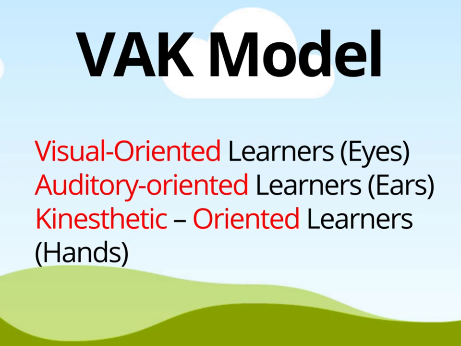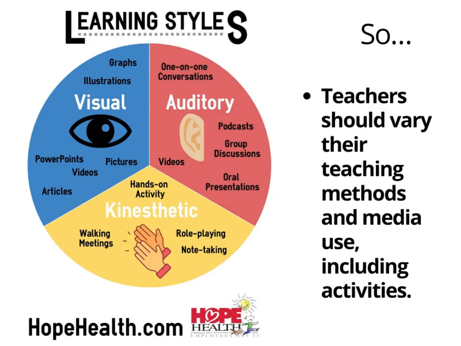These learners are keen to learn by looking at things through visual stimuli, and they are also auditory oriented learners. These learners prefer to learn through their ears, like listening, and they are also kinesthetic oriented learners, or the learners who prefer learning by doing, through their hands-on experience.